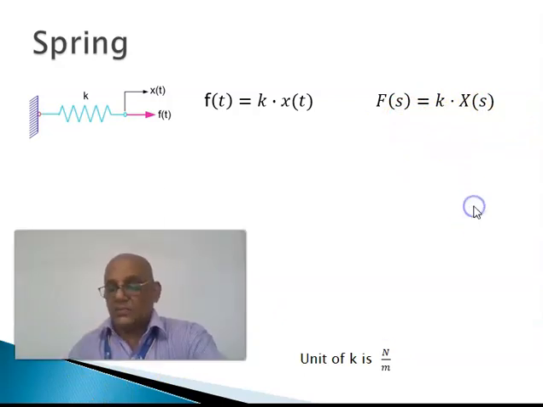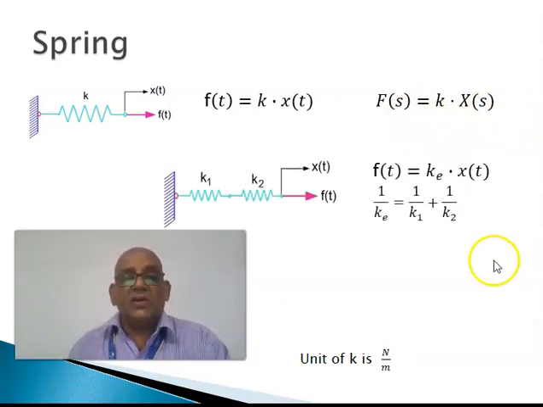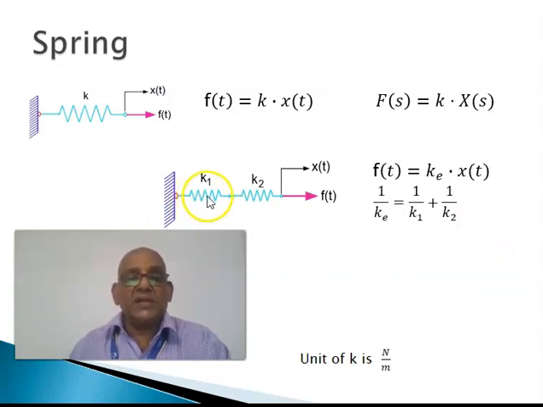In a system, it is possible that two springs be placed in series. That is, there is a joint such that the springs appear in a row, one is hooked up to the other, and a force F(t) is applied at the extreme end of the spring. In such cases, we will find one spring which can substitute both these springs in series.